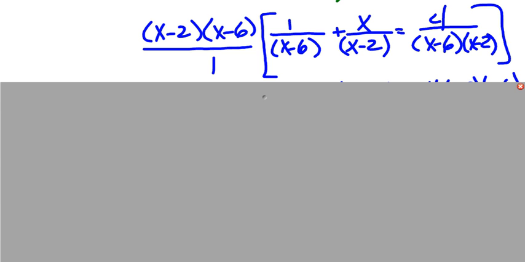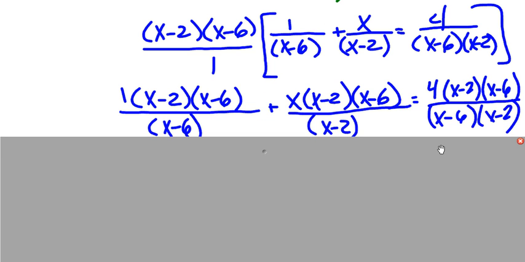So we're going to take that common denominator and multiply every term in the equation by it. So again, when multiplying fractions, you multiply across for every single term. Again, we're looking to see what can we divide out that's an exact match from the numerator and denominator. So our first term here, we could divide out an x minus 6.